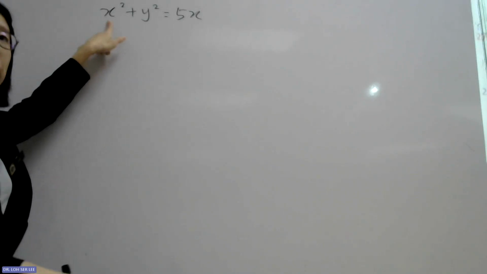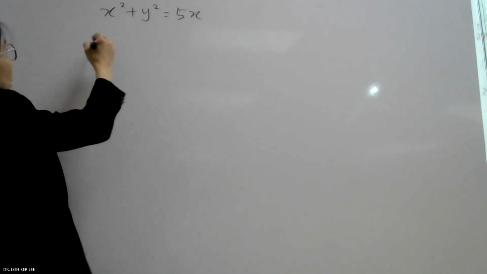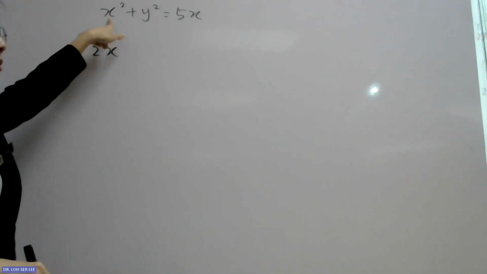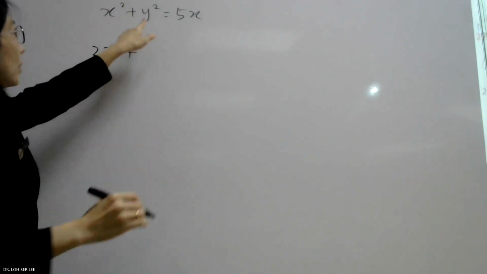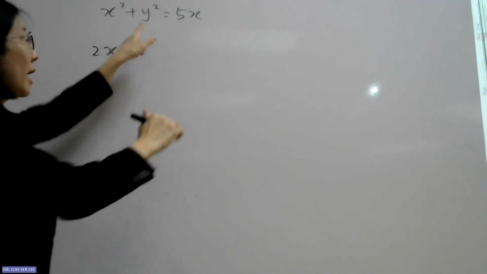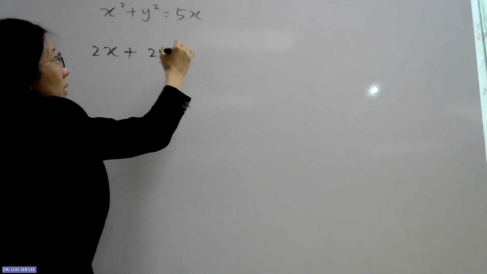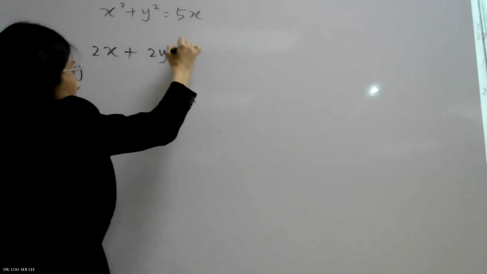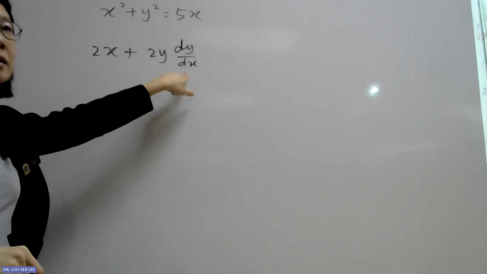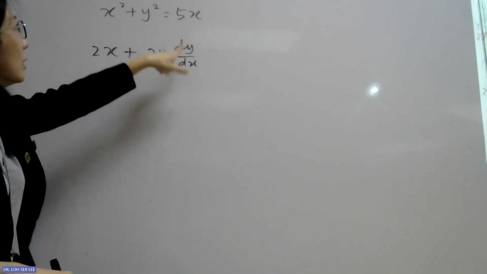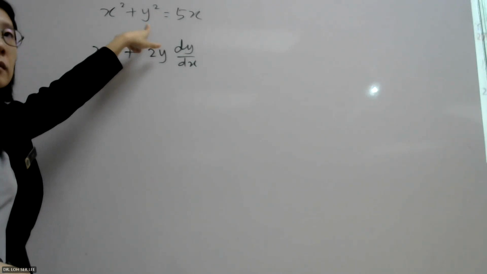This one, 2x, because this is in x, so no issue. Plus 2y dy dx. Do not forget about the extra term dy dx, because this is y.